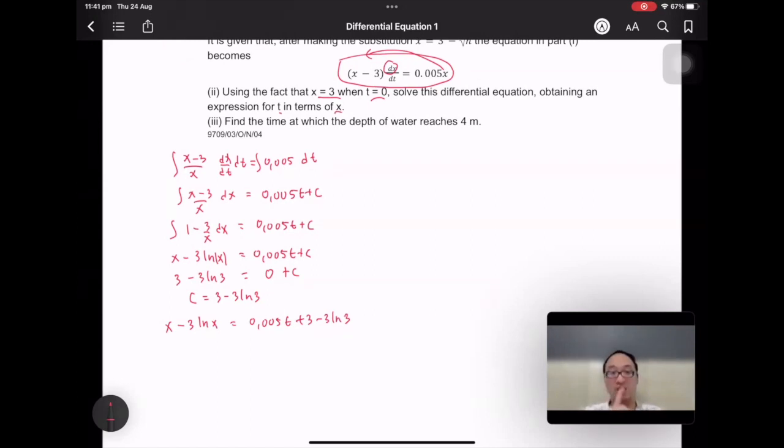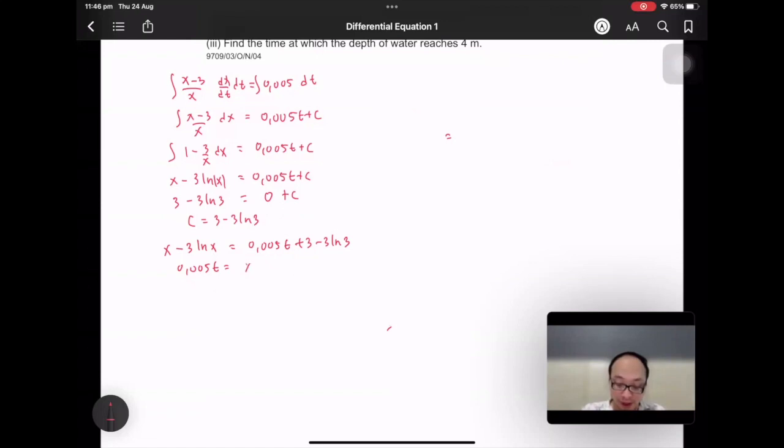So 0.005t equals x minus 3 ln x minus 3 plus 3 ln 3, or 0.005t equals x minus 3 plus 3 ln (3 over x).